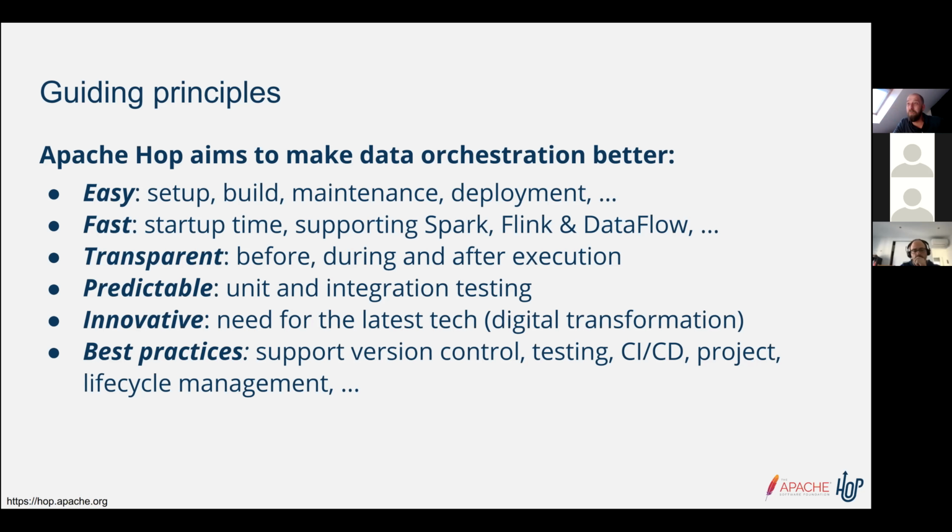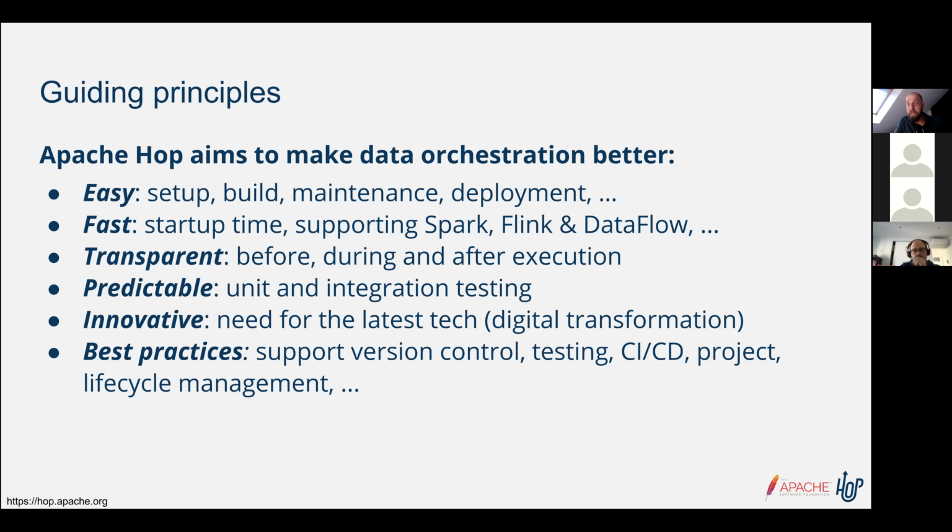We removed the splash screen because it doesn't make any sense to have a splash screen for an application that is available in 1 or 2 seconds. We have support for Spark, Flink, and Google Dataflow over Apache Beam. That allows us to build and run our pipelines on platforms that are built for performance.